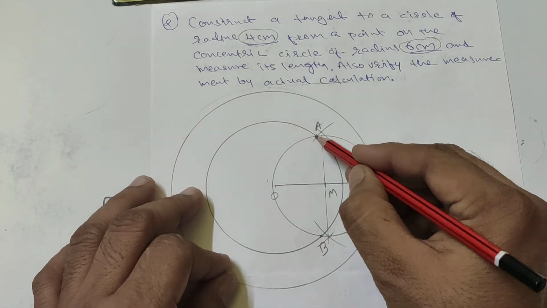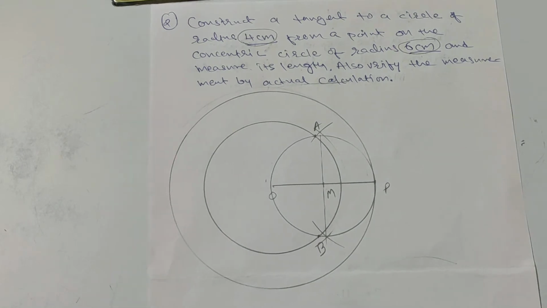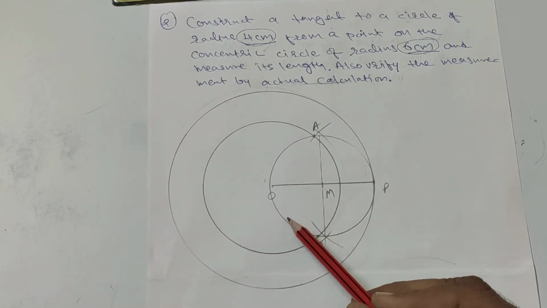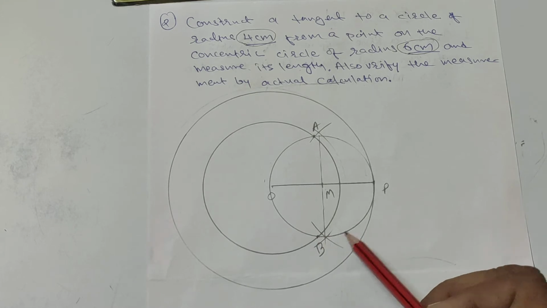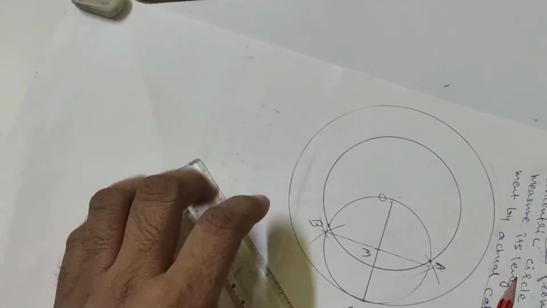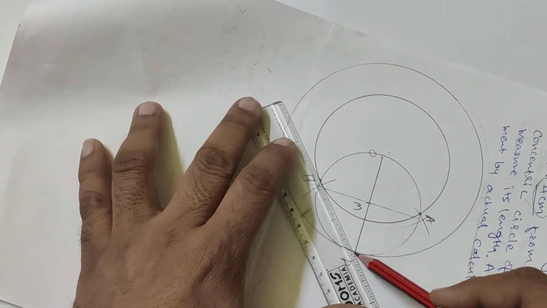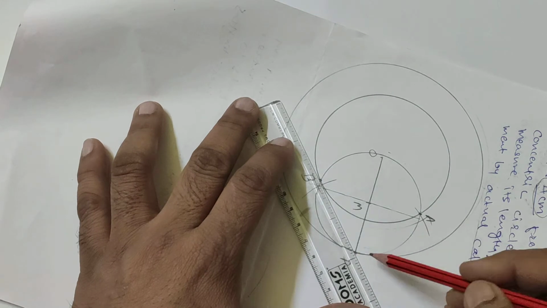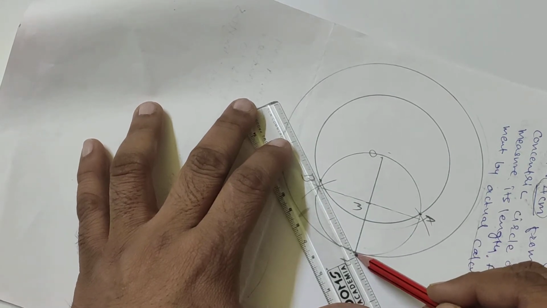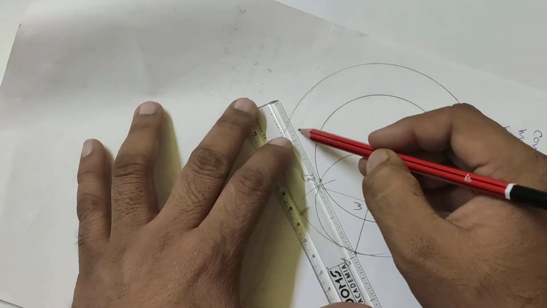Now I have to make sure that there are many points, so choose your point properly or wisely. I need to find out the intersection of this circle and the original circle. Once again, you'll have to make sure that you can see the interior circle and the exterior point both, so you have to turn the page accordingly and join this point and this point.